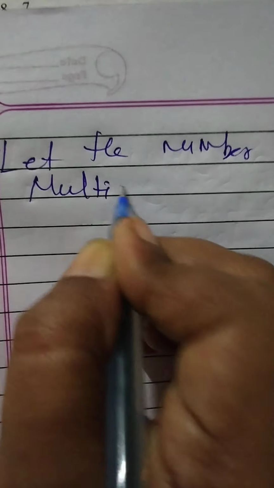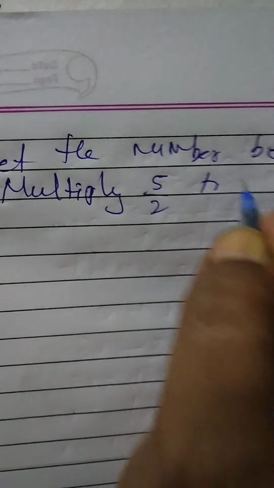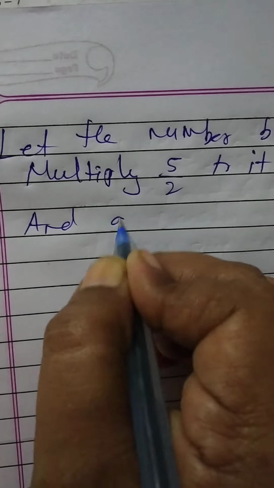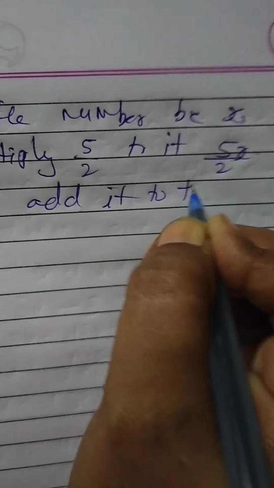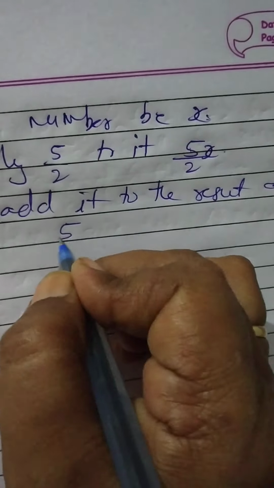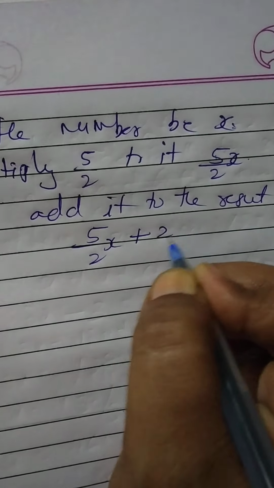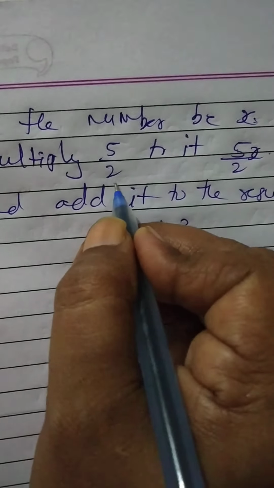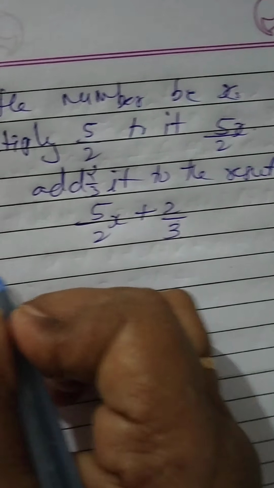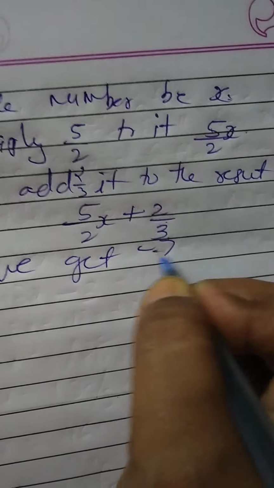Let the number be x and multiply 5 upon 2 to it, and add 2 upon 3 to the result of the product, which means 5 upon 2x plus 2 upon 3. We get minus 7 upon 12.